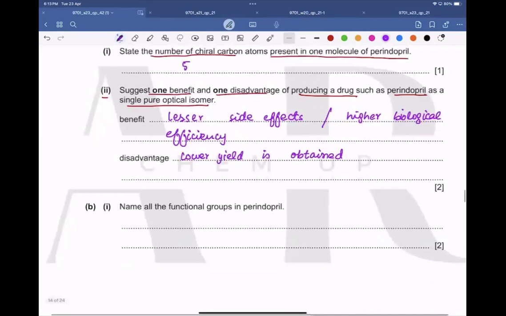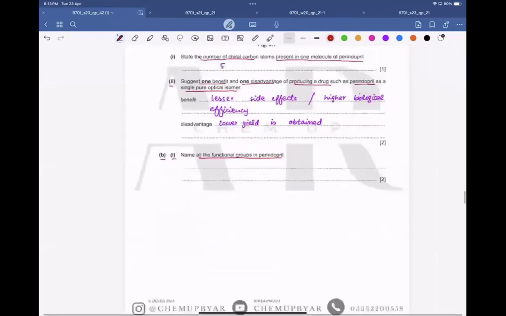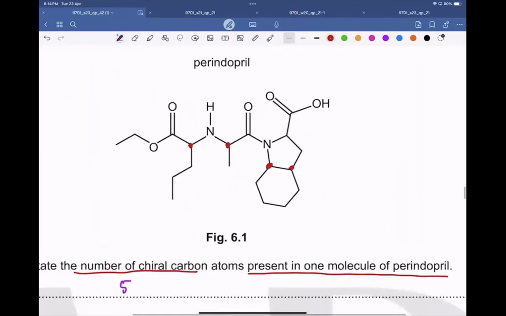Okay. Now, part b, name all the functional groups present in perindopril. If we go for the functional groups over here, who can tell me how many functional groups and what are the functional groups present? If you have studied the functional groups in AS, please let me know what functional groups you can identify in this compound.